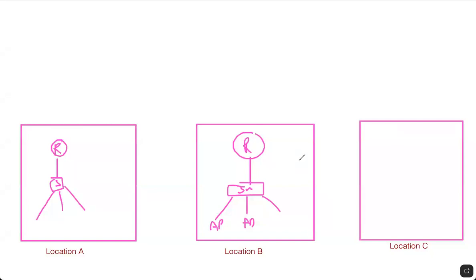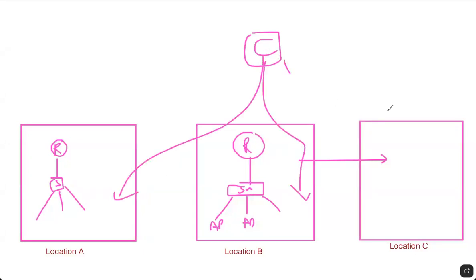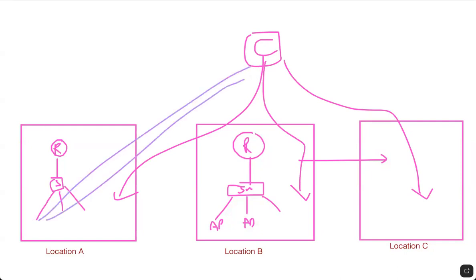Same thing repeats, but you should have a controller that is managing these access points. This is no issue. These access points will form a tunnel, these access points will also form a tunnel, and these access points will also form a tunnel.